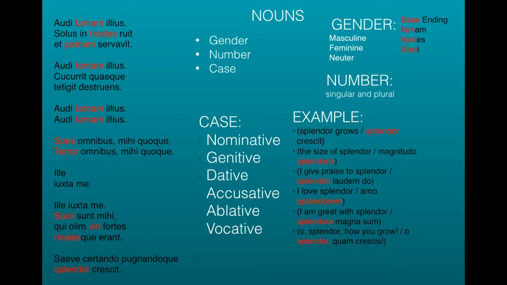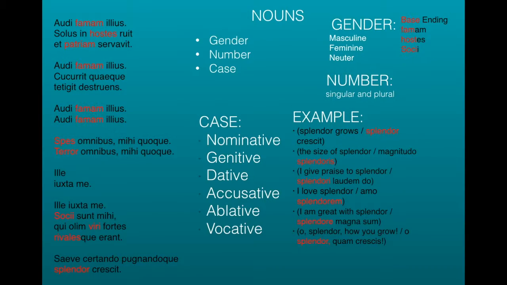And the vocative case, I'm going to skip to the last one, is used only for direct address. So when you're talking to somebody, O splendor, how you grow, O splendor quam crescis. And then back to the ablative, because the ablative is used for everything else. Everything. Means, instrument, location.